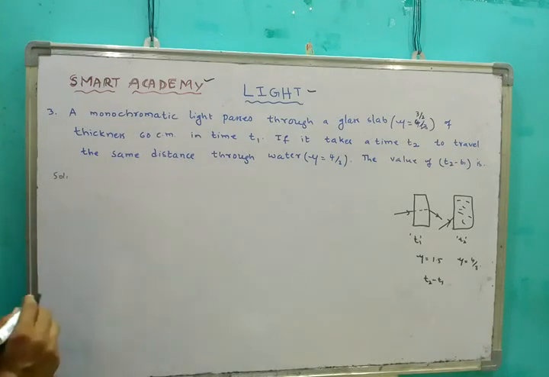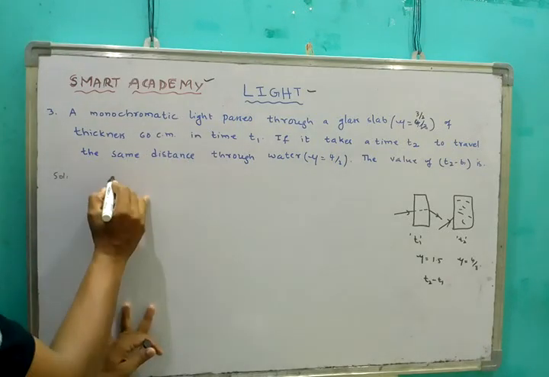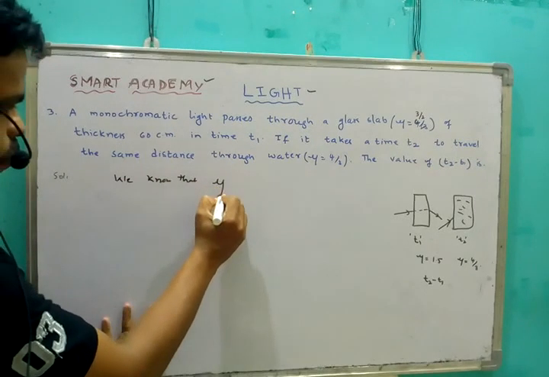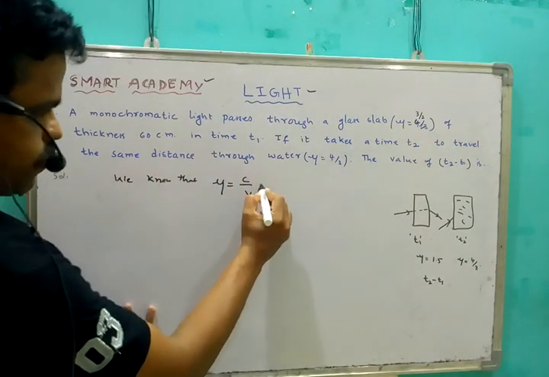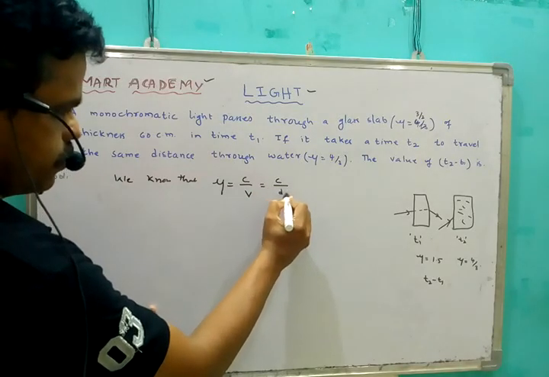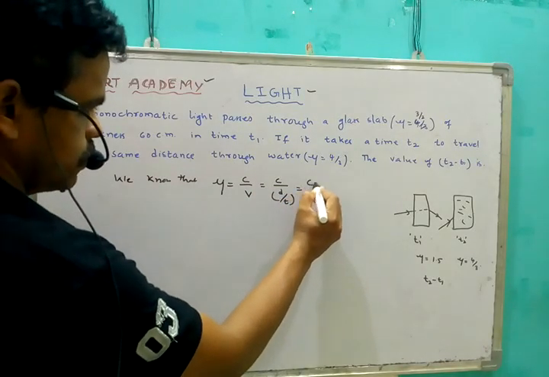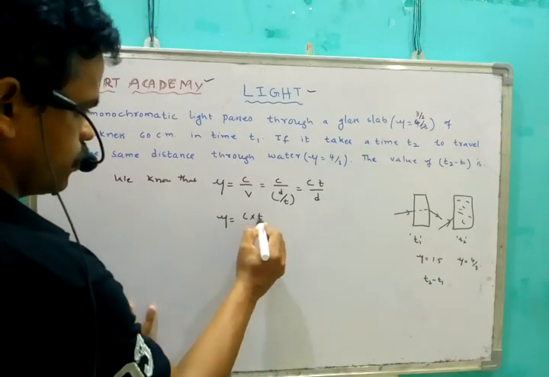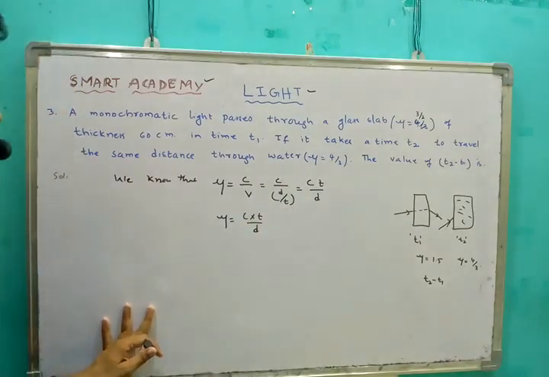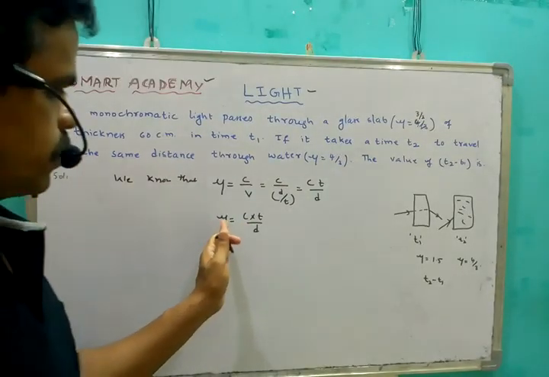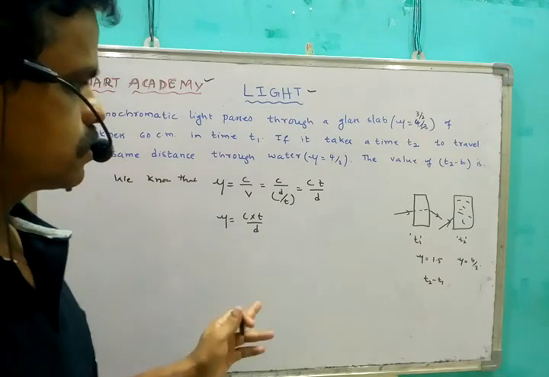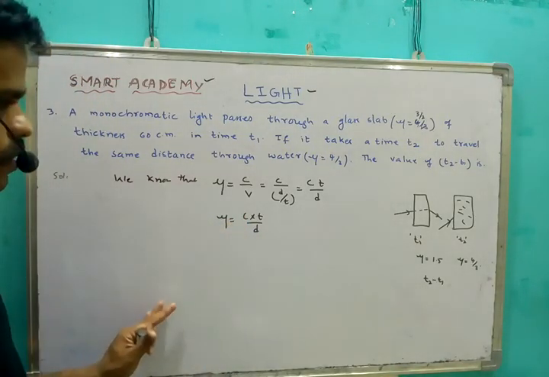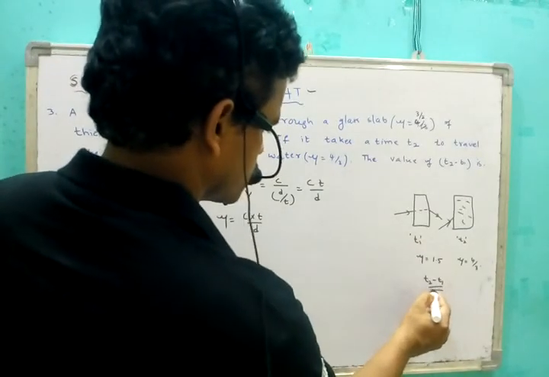So I am moving to the solution here. We know that mu equal to C by V, that is C by D by T, that is C T by D. So this is the refractive index, the distance in the medium, the time, and the constant C. Here what we have to find is T2 minus T1.